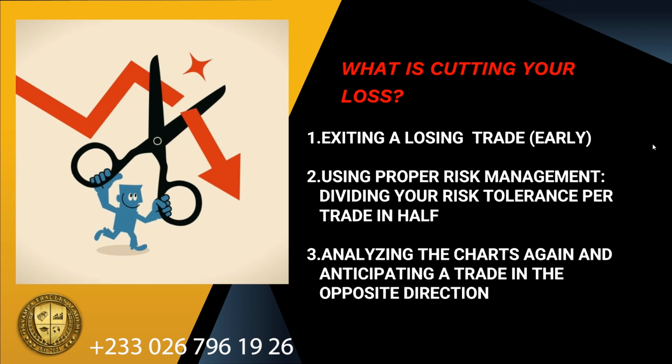So the third point is analyzing the charts once again and anticipating a trade in the opposite direction. For example, based on your hypothesis for the day, you speculated that price will increase in value. So price today will be a bullish execution. This is what you anticipated. And then all of a sudden you see price wanting to do something different.